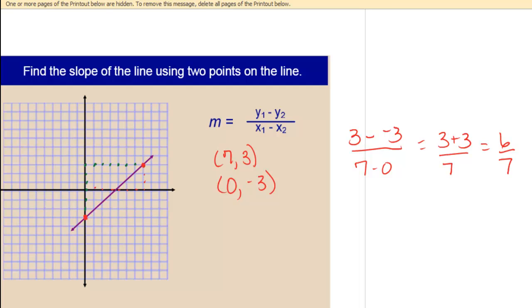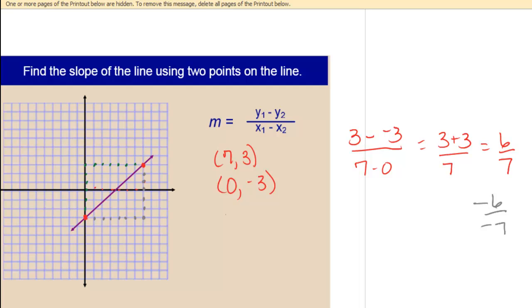And just to remind you, I could start at this top ordered pair and go down 1, 2, 3, 4, 5, 6. That would be -6, and then backwards 1, 2, 3, 4, 5, 6, 7. That would be -7. Both of those give us a positive slope of 6/7. So I've actually showed you a couple of ways to find your slope.